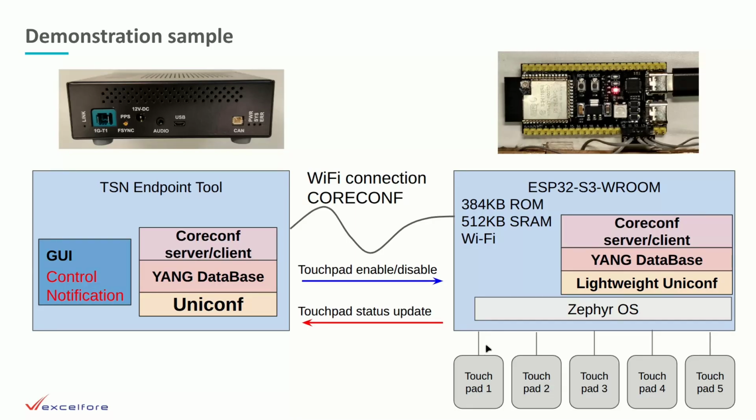If it is enabled, it pushes the update to this side. By doing so, the TSN endpoint side can then receive the touchpad change from this side. And then it was displayed on this GUI. That was the procedure.